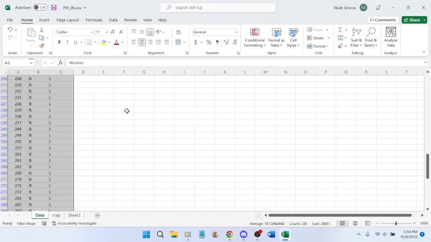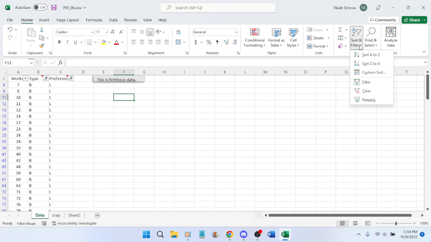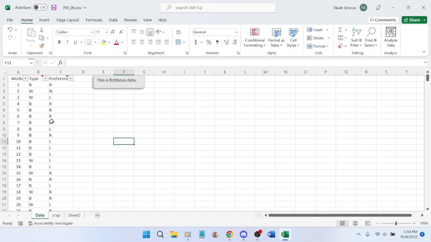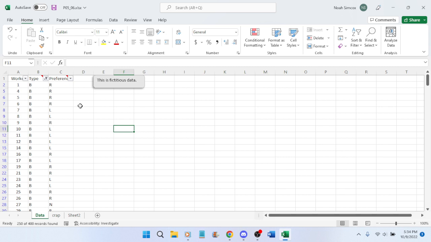Now, we will actually filter: clear filters and then redo the filter. And now the filter will only include the blue collar workers.